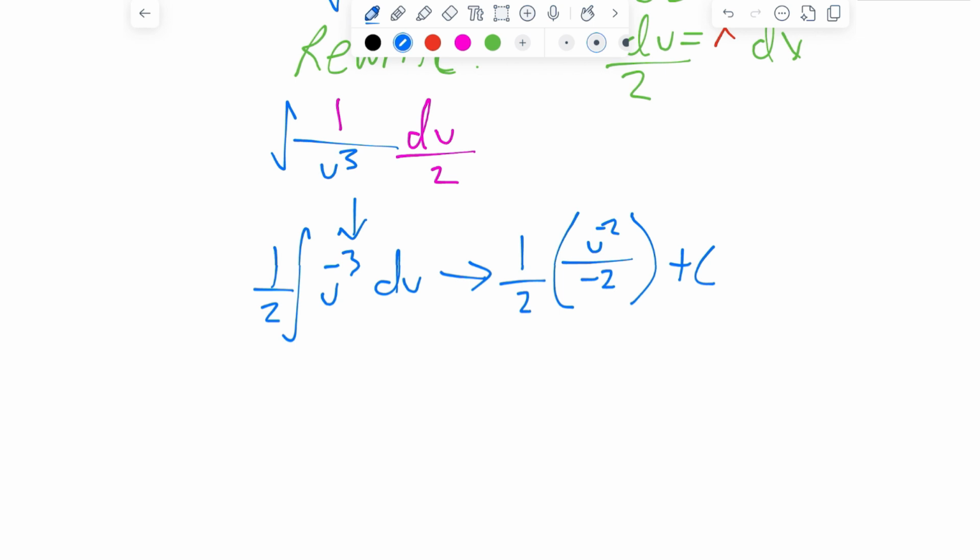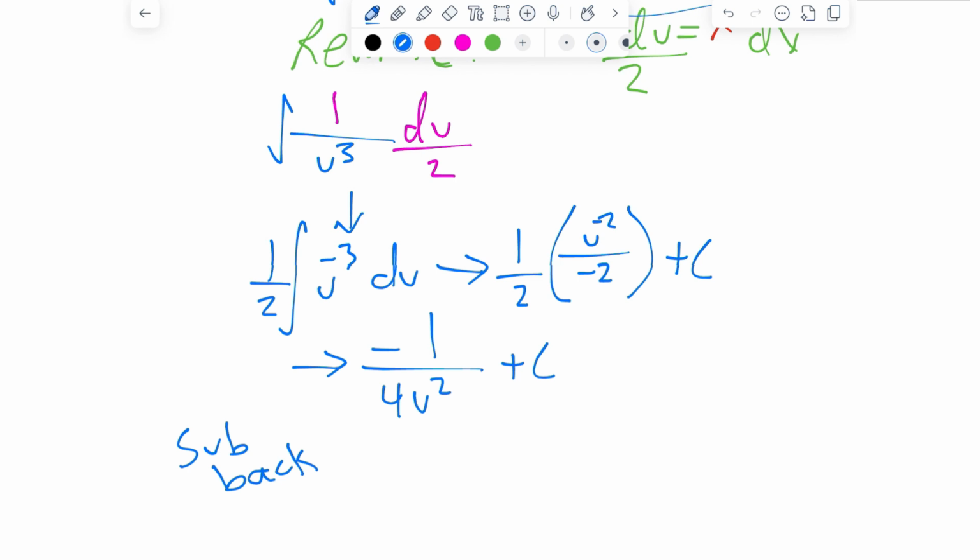Let's simplify this just a little bit more. We'll get -1 over 4 u squared. So as we sub the x's back into the u, we get -1 over 4 in parentheses x squared plus 1 squared, plus c.